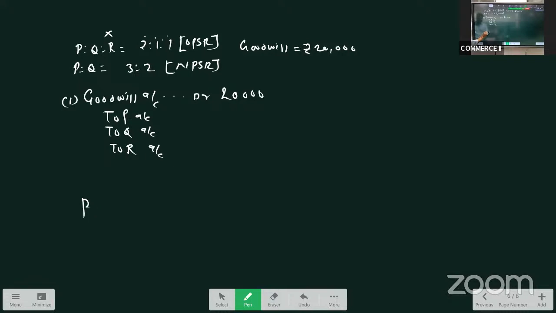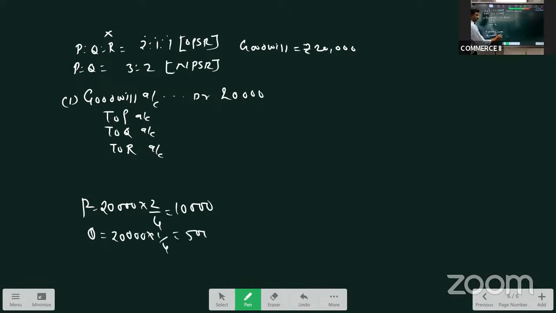P will get 20,000 into 2/4, that is 10,000. Q gets 20,000 into 1/4, that is 5,000, and another 5,000.